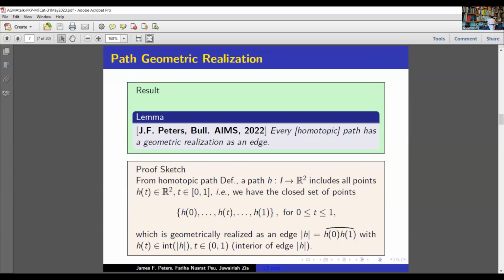And then the proof sketch is straightforward, where the homotopic mapping is from the unit interval to the Euclidean plane. And so an edge in the homotopic space in Whitehead's sense has a geometric realization in an edge in a Euclidean sense.